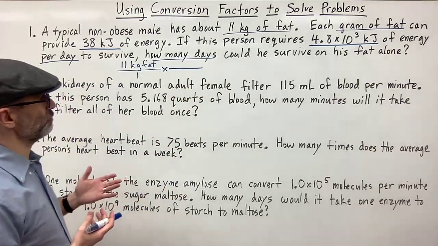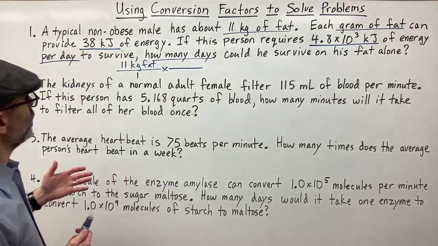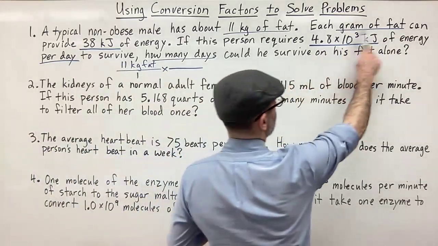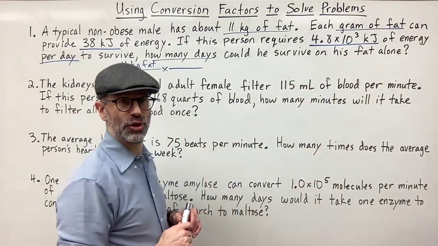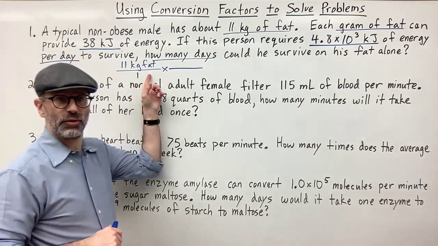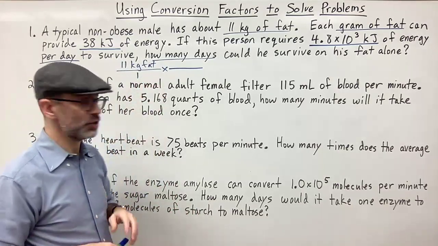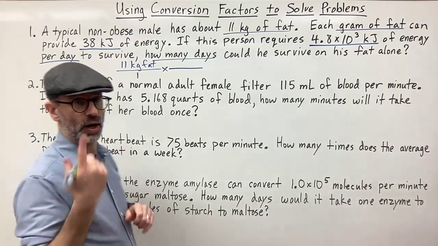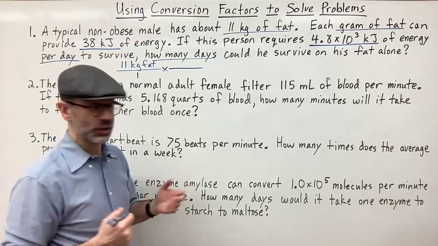So kilograms of fat. Well, we know that 1 gram of fat is related to 38 kilojoules of energy. So if we convert this to grams, we can then use that conversion factor. So I know that 1 kilogram is equal to 1,000 grams.